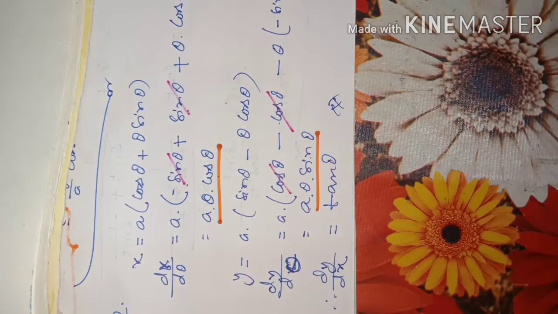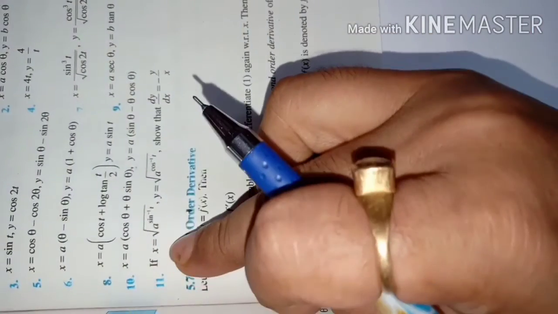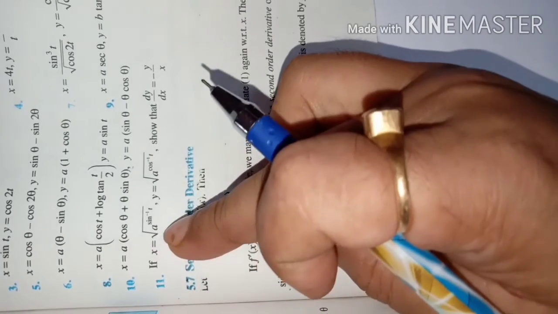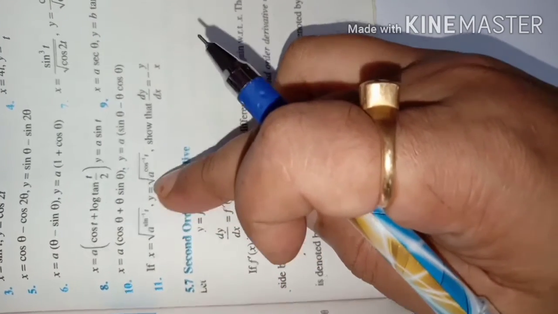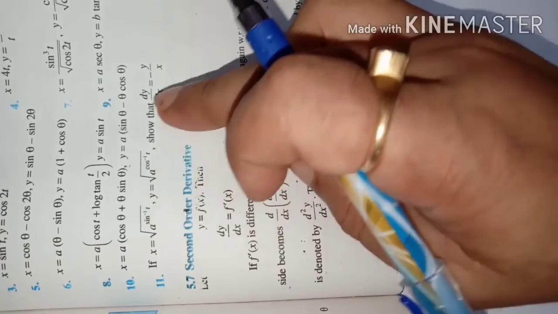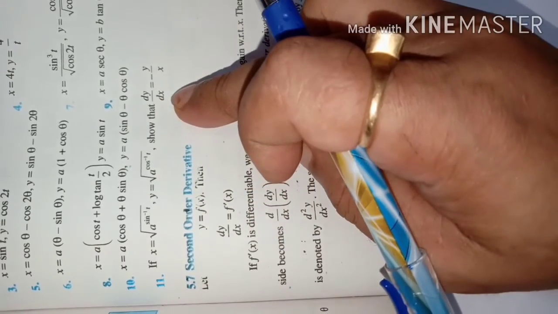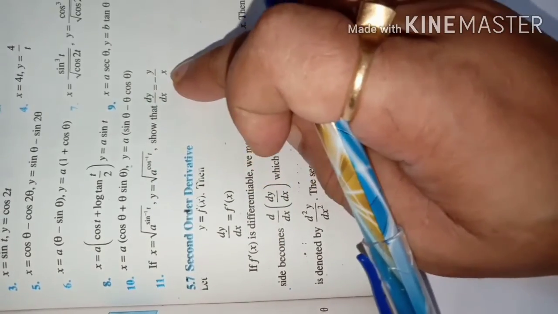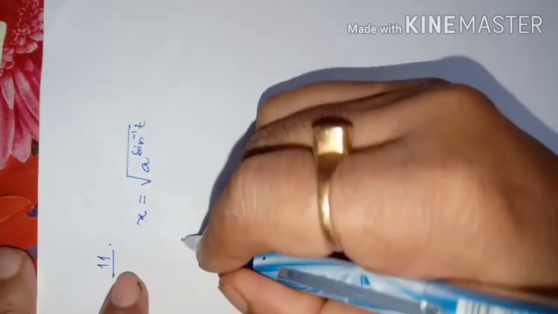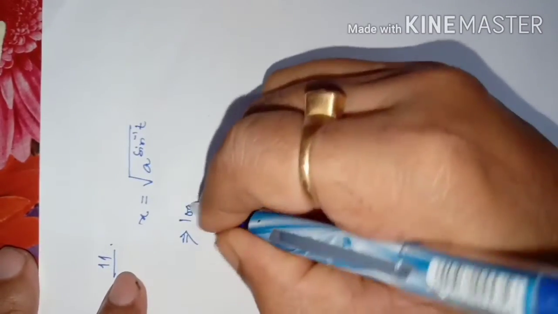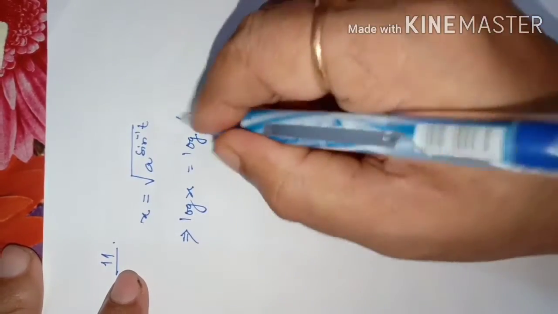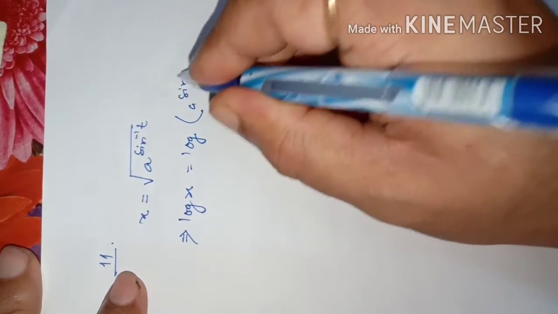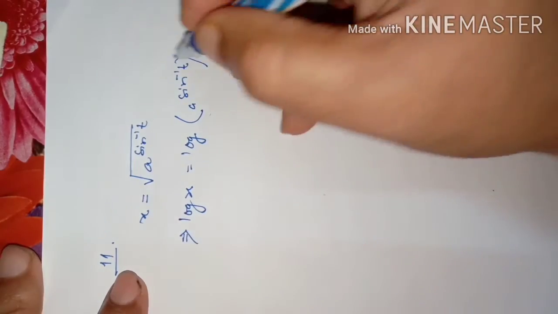Okay students. Question number 11 you see: if x equals under root a raised to the power of sin inverse t, y equals under root a raised to the power of cos inverse t, show that dy by dx is equal to minus y by x. Let us see this one. If we apply logarithm, then log x will be equal to log of a raised to the power of sine inverse t, whole to the power of half.